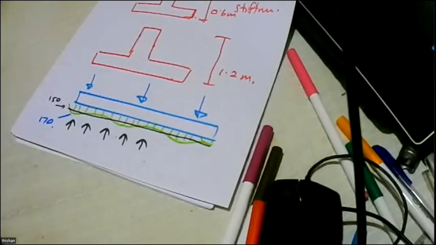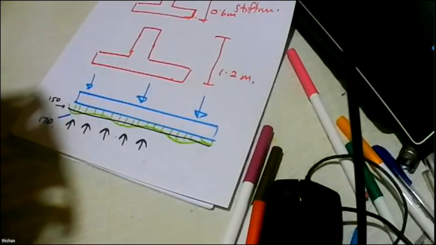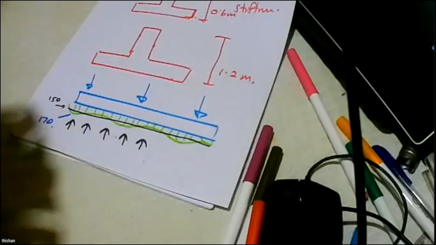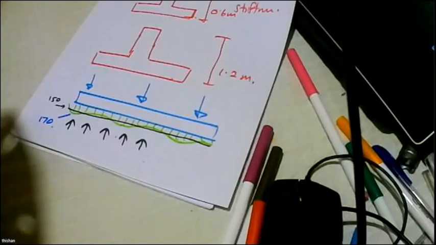So by increasing the stiffness of the foundation, you can easily satisfy the bearing capacity without increasing the width of the inverted T-type foundation. On the other hand, you might consider increasing the width is better than actually increasing the depth of the foundation.